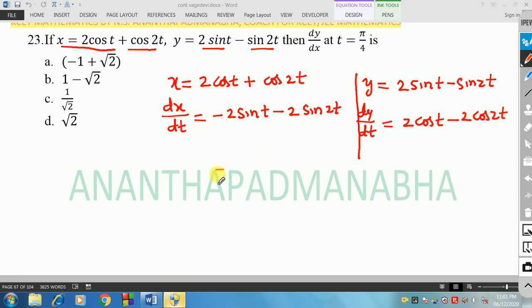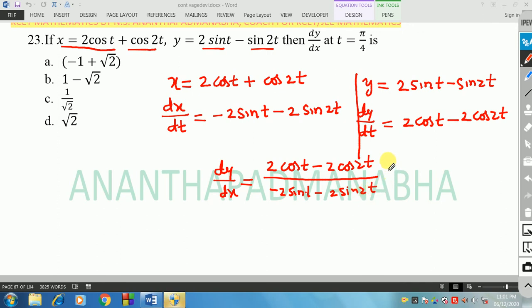So therefore dy by dx, let us divide dy by dt by dx by dt, which is 2 cos t minus 2 cos 2t whole divided by minus 2 sin t minus 2 sin 2t.